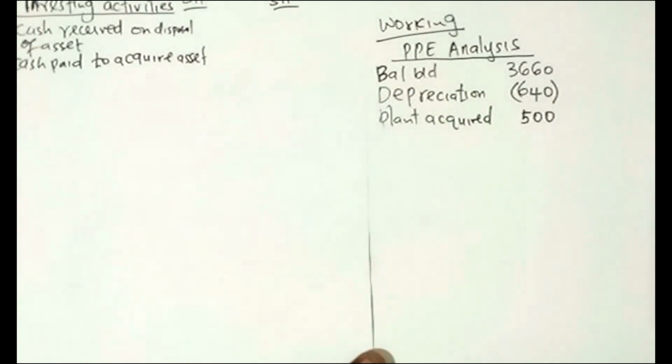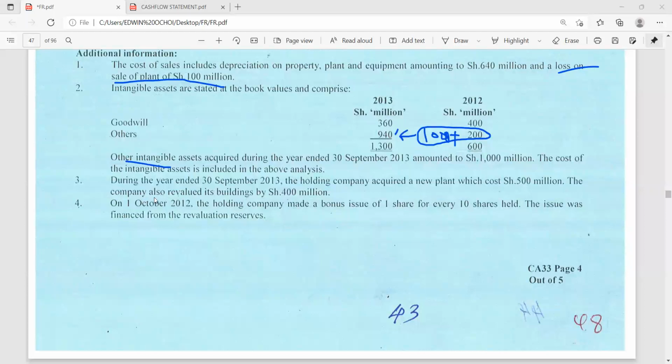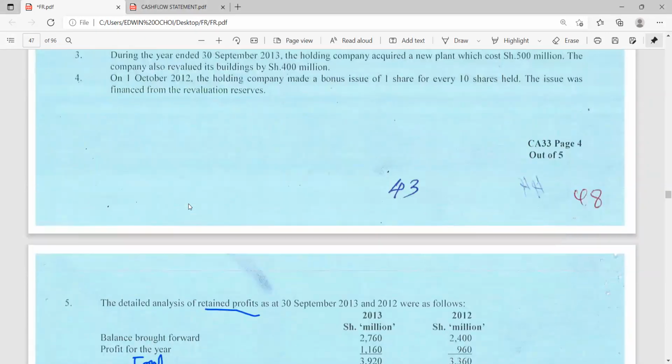Then the company also revalued its building, so revaluation on building is 400. That one you add the same way I have added the plant which was acquired. Note 4 was concerning bonus. Bonus can never affect PPE.